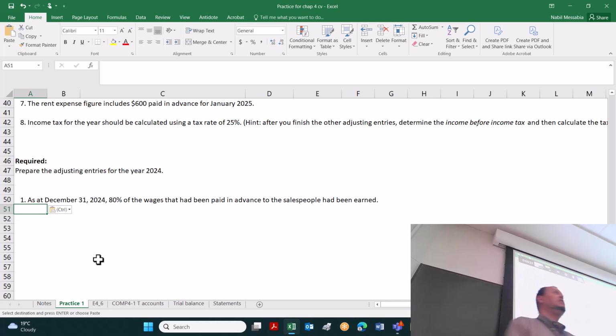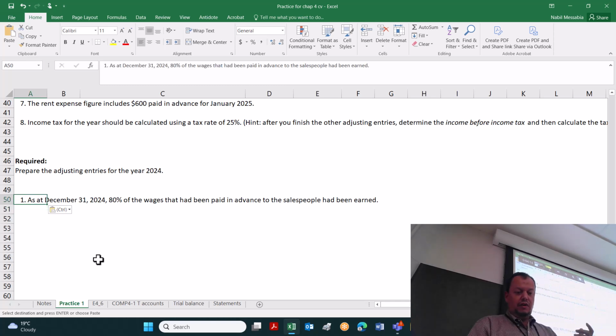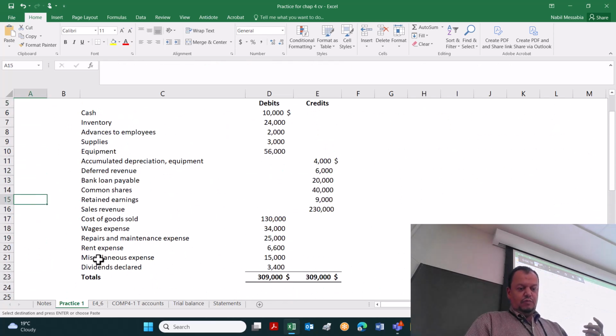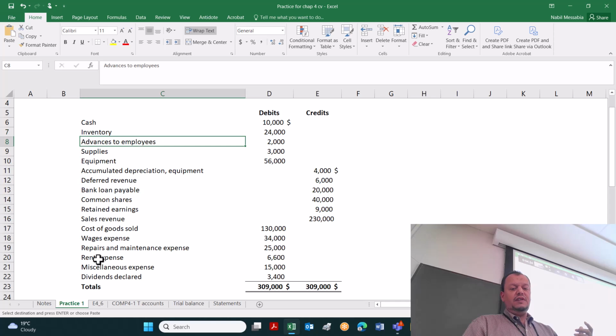So the first question here. We are talking about employees, salespeople. And it says that 80% of the wage that had been paid in advance. So we should have on our trial balance something which says advances to employees.